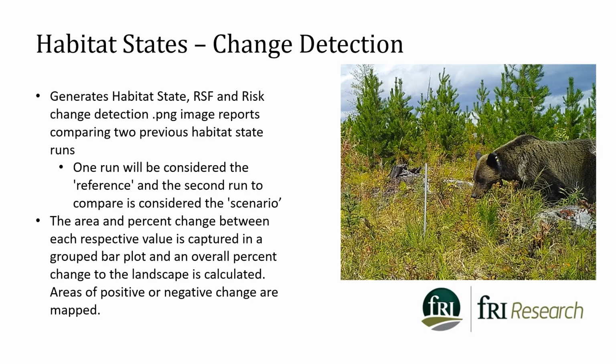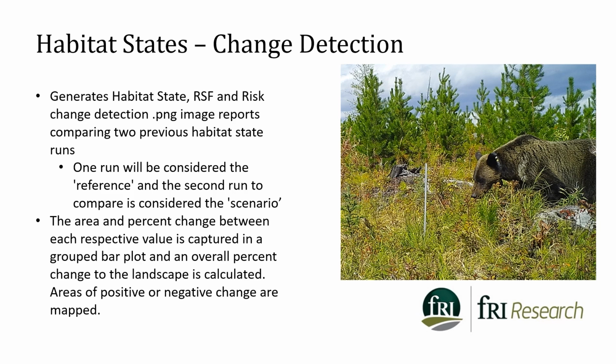Our final habitat states tool is our change detection tool. The change detection tool generates habitat state, RSF, and risk change detection image reports comparing 2 previous habitat states runs. It also provides us with spatial layers that determine where this change takes place.